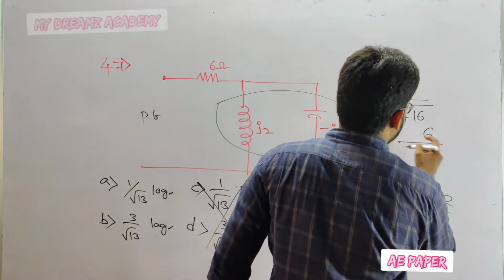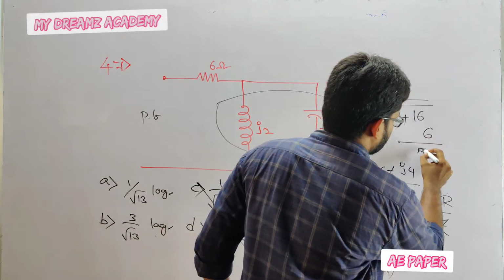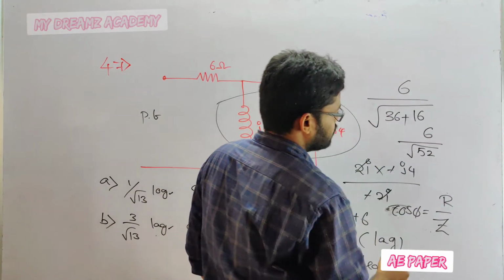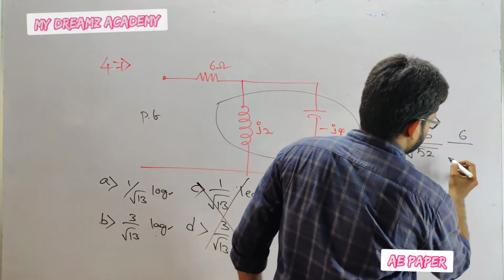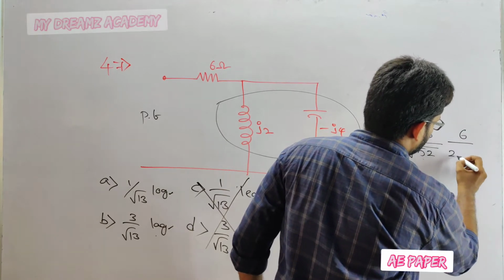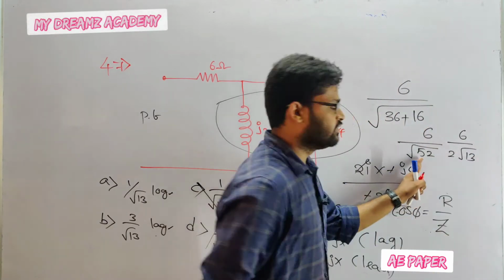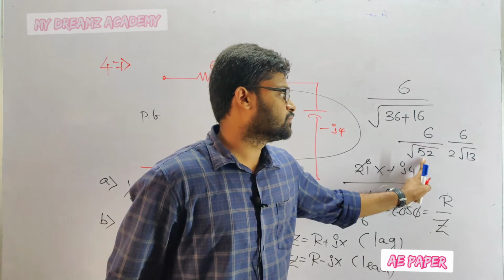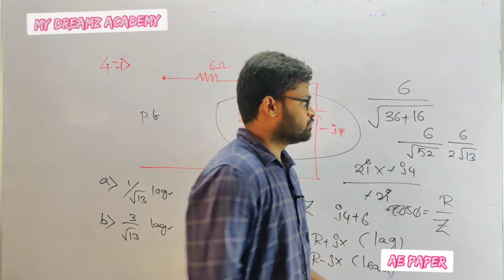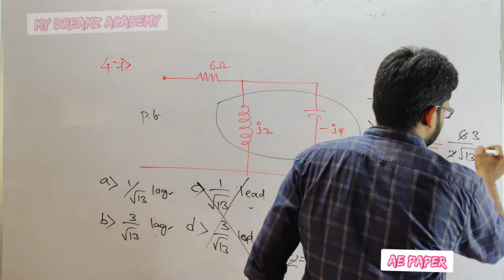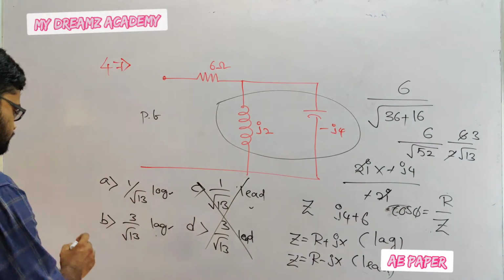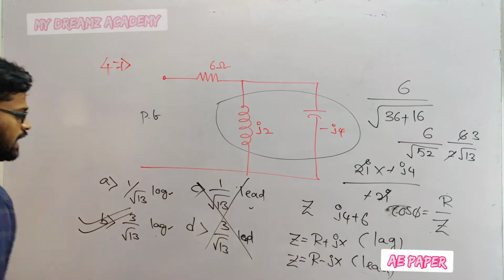So 6 by root 52. I can write this as 6 by 2 into root 13, because 52 is nothing but 4 into 13, and root 4 is 2. So 3 by root 13 is correct, and that too lagging power factor.